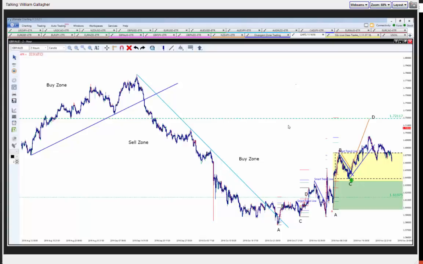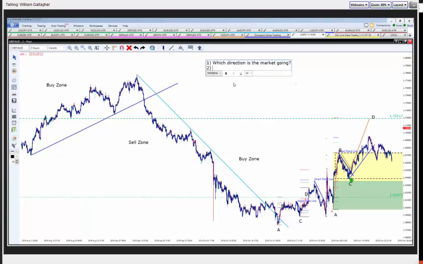What we do as part of our full education is we teach our students how to trade. We teach them how to look for 3 things before they place a trade. Number one is you determine which direction the market is going. So before you place your trade, you need to have an educated opinion as to which direction you believe it's going.